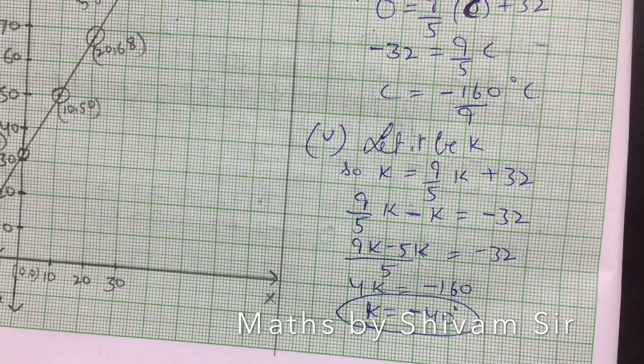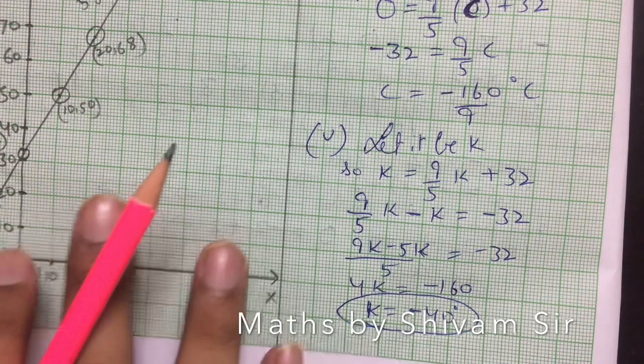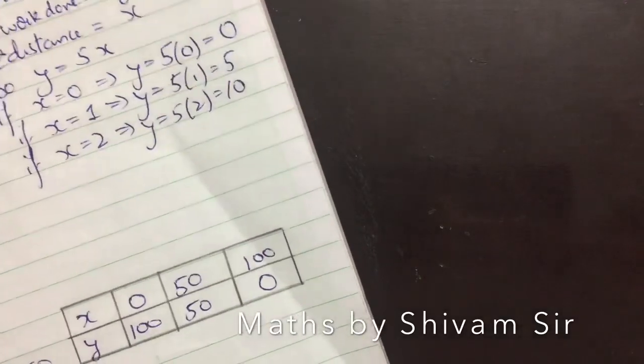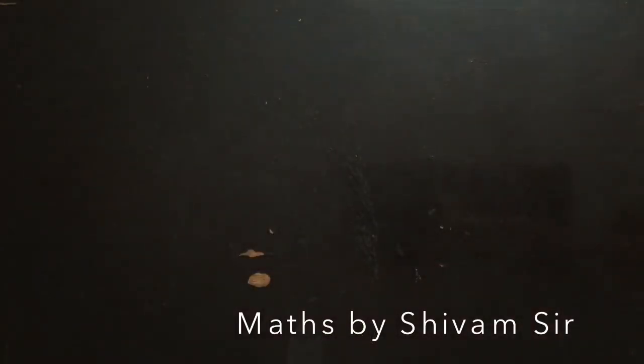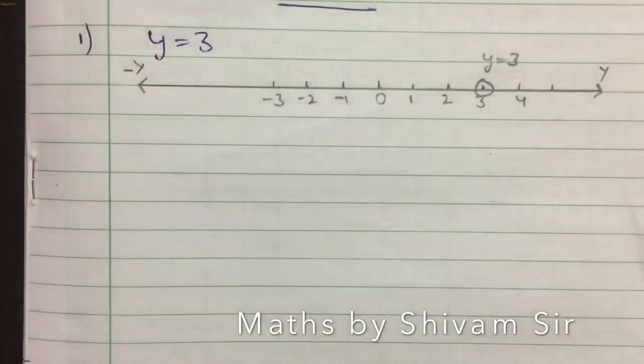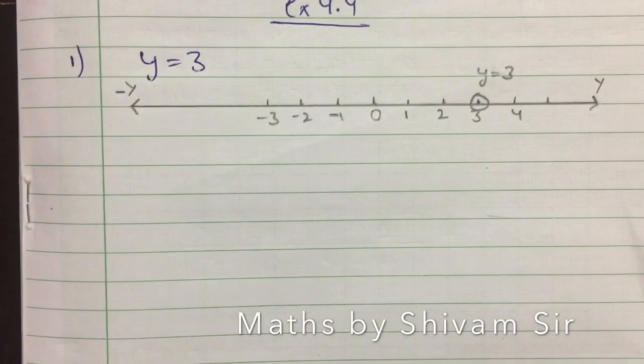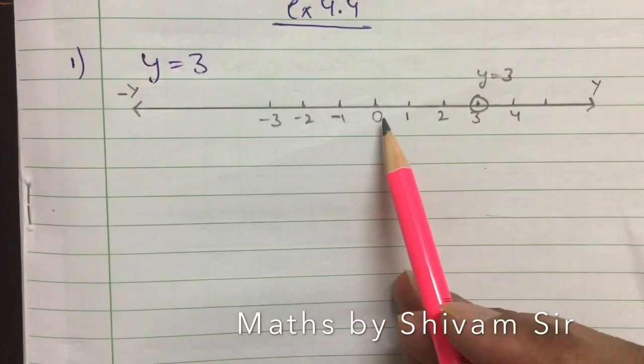Give the geometrical representation of y is equal to 3 as an equation. Whenever we have to solve such equations in one variable, geometrical representation in one variable means we have to represent the equation on a number line. So if y is equal to 3, just draw a number line, take equal gaps.